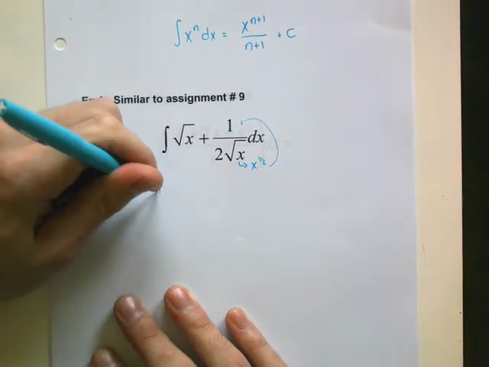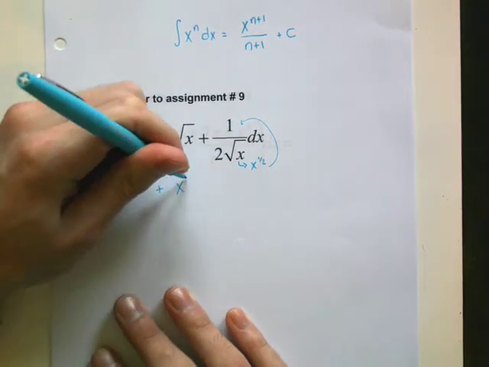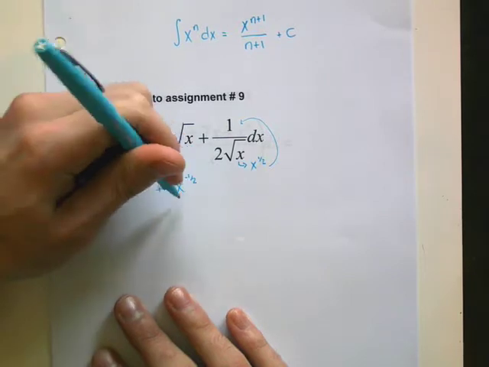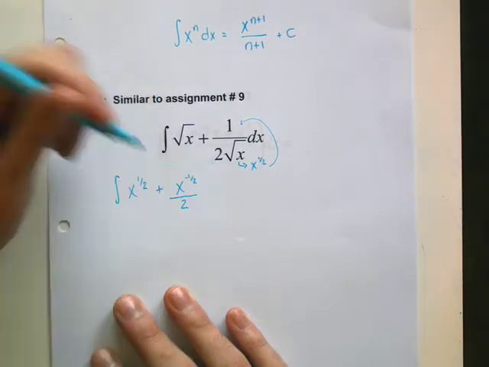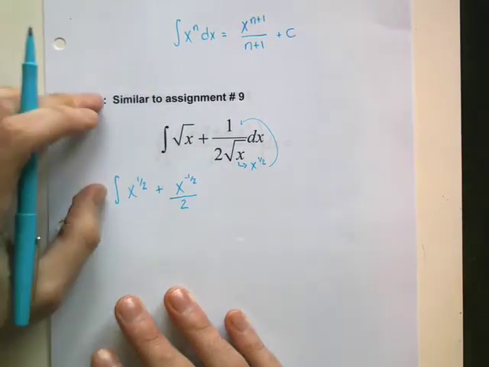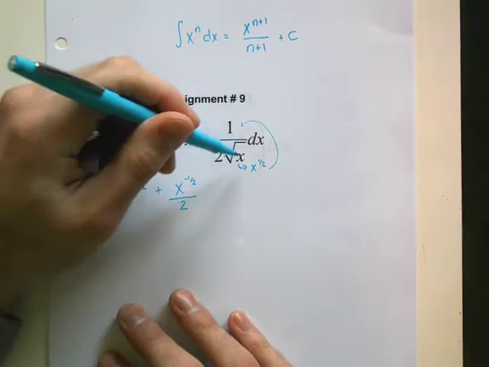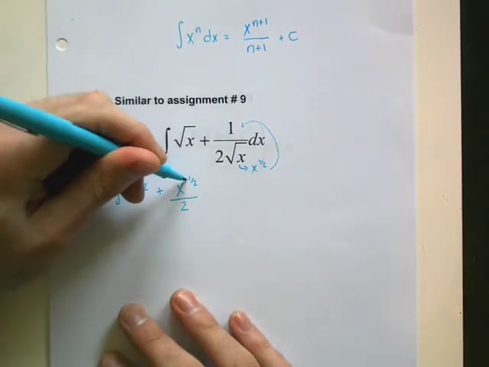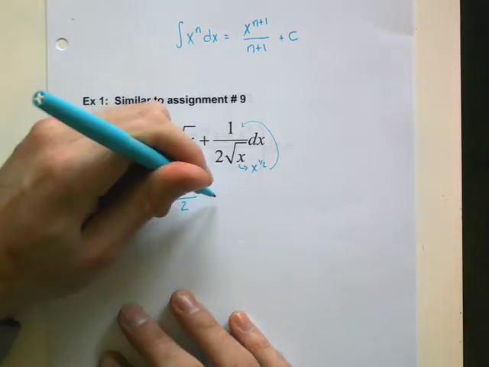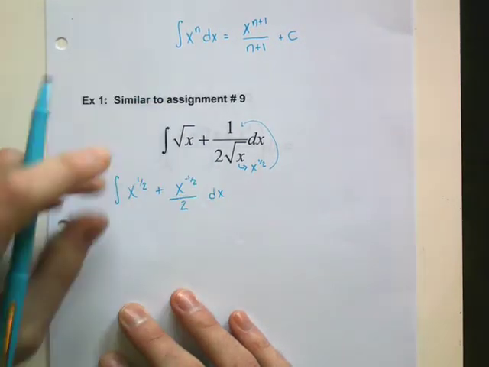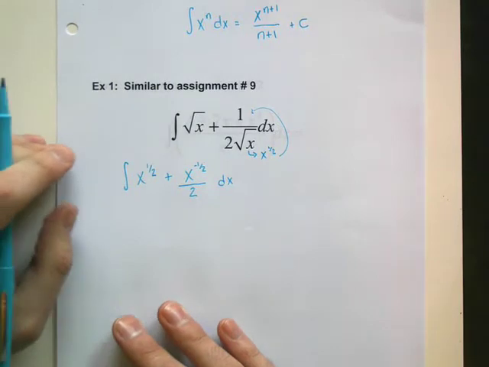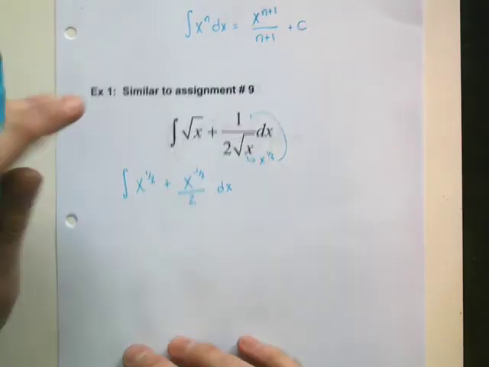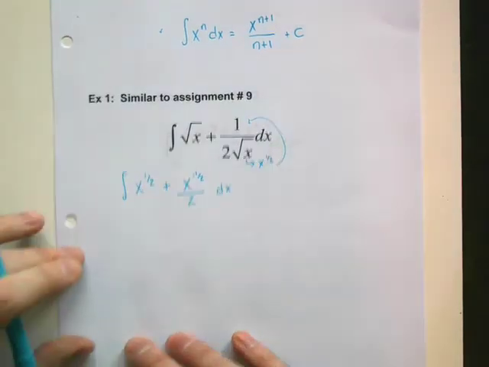So I'm going to make this x to the negative 1 half over 2, since I brought it up to the numerator. I took it from the denominator to the numerator, and when I do that, I have to make my exponent negative, with respect to x. The reason I did that is it allows me to use the power rule.